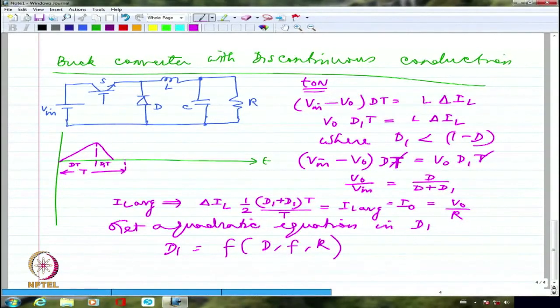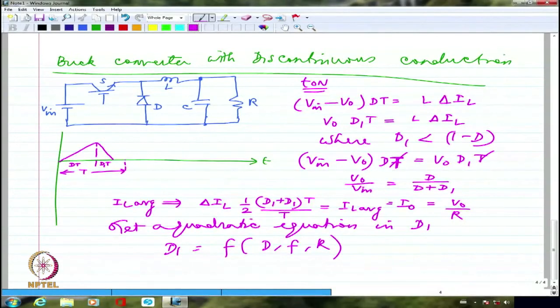Okay? So whenever you are given a problem, first of all, you have to make sure that it is in continuous conduction mode. If it is not in continuous conduction mode, you cannot use the expression we derived earlier. One way of doing it is, maybe you can check what is the L critical value. You have that expression.